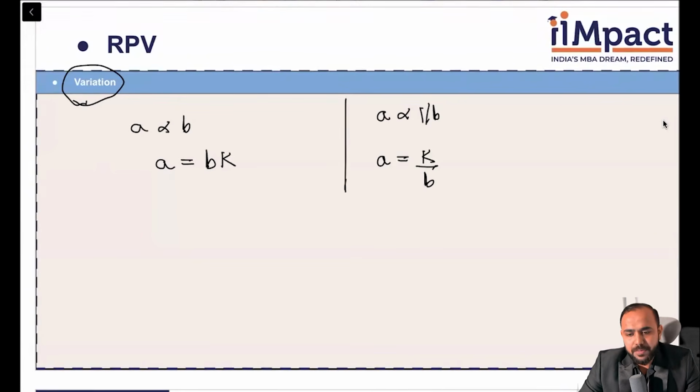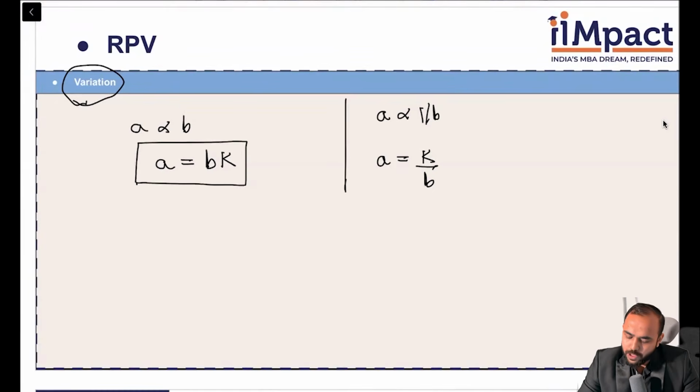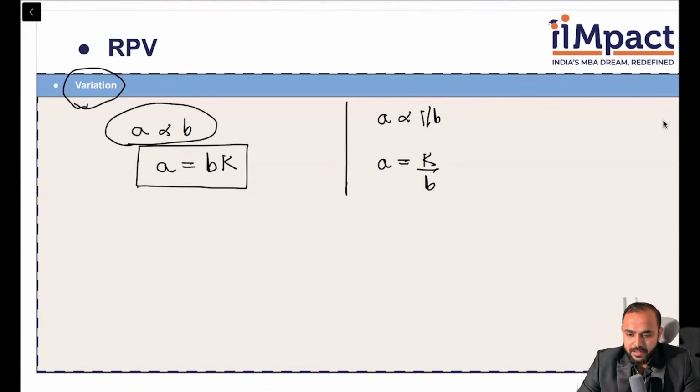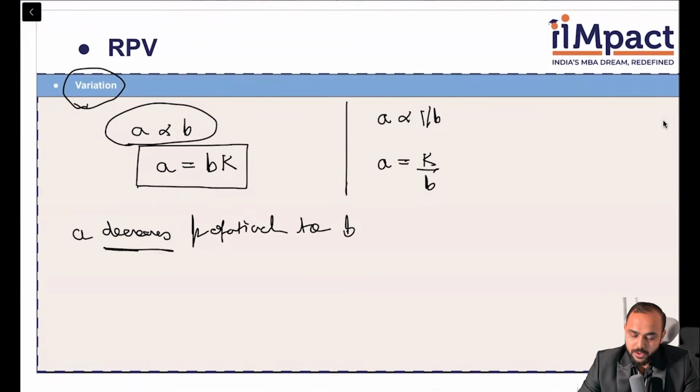Now, K can be positive, K can be negative. Now, if K has to be negative, let's say K has to be negative, what will they put in the problem statement? That A decreases proportional to B, which would give you the idea that K has to be negative.